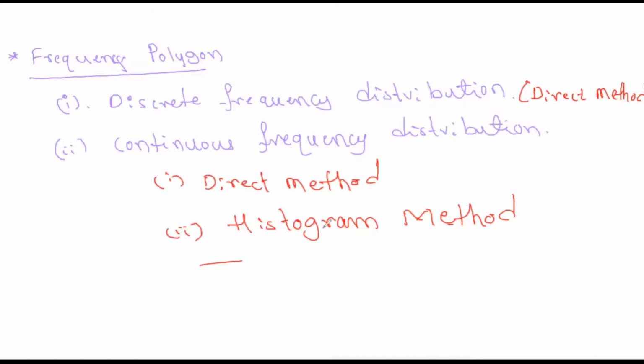So in a frequency polygon, for a discrete frequency distribution we use the direct method, and for a continuous frequency distribution, direct as well as histogram method.